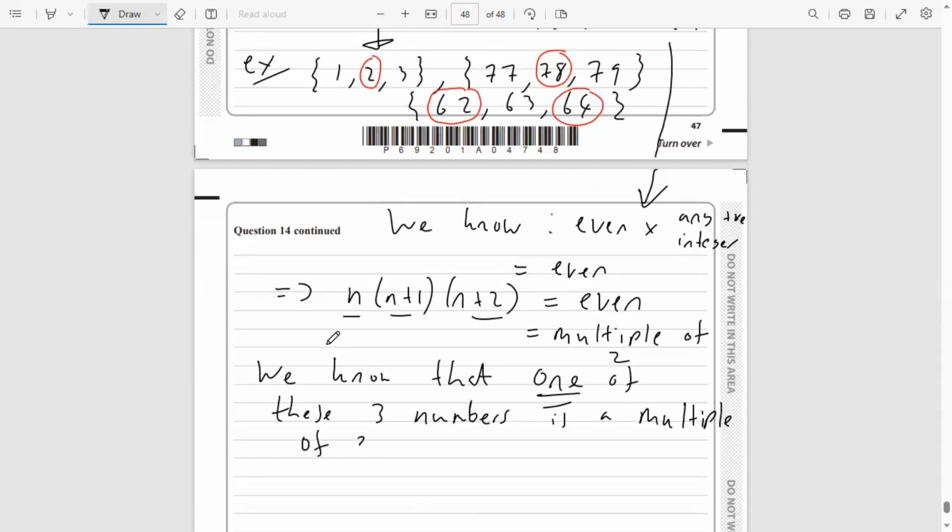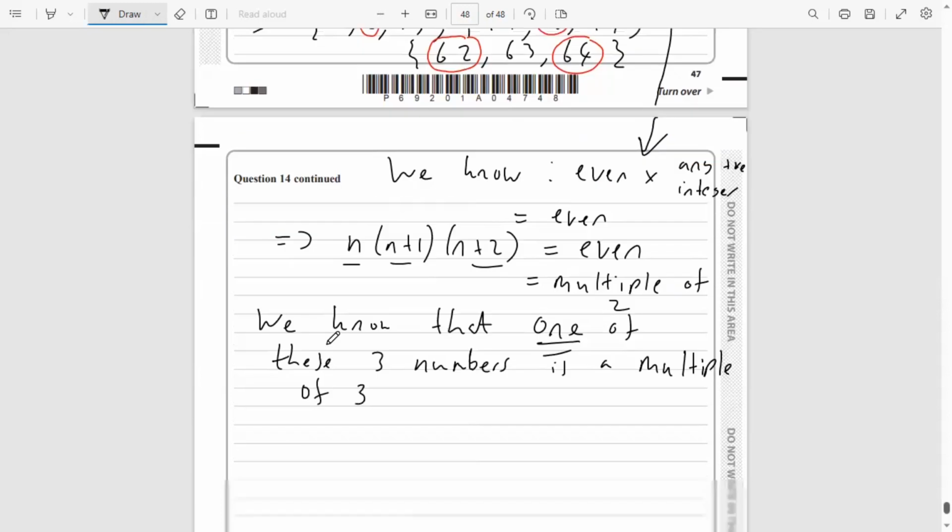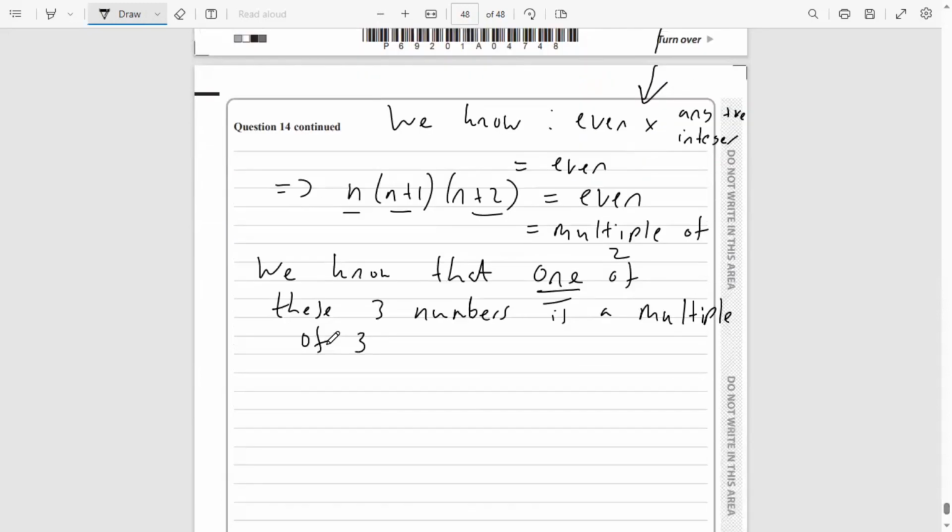Now, how do we know that? Hopefully it should be quite obvious to you. If you pick 3 random numbers in a row, like 12, 13, 14, I guarantee you that regardless of which 3 consecutive numbers you pick, exactly one of them is a multiple of 3. So in this example here, it's 12, right?